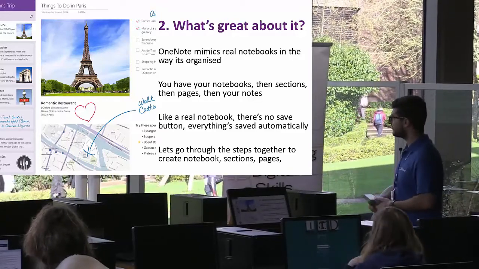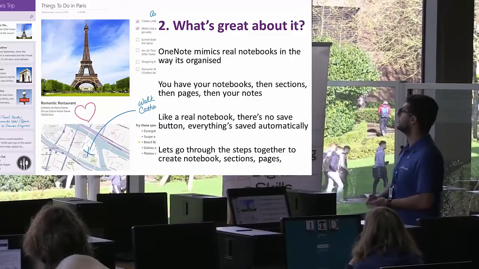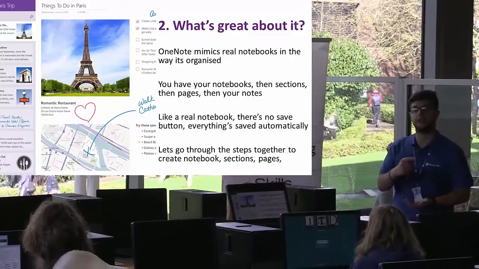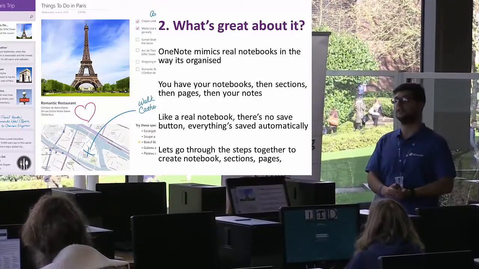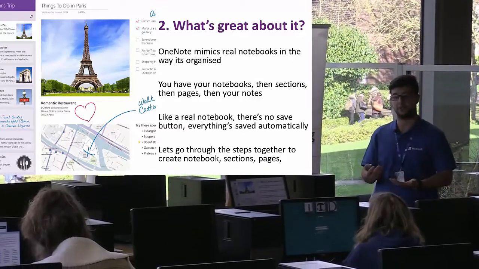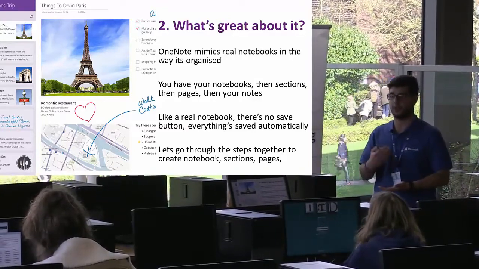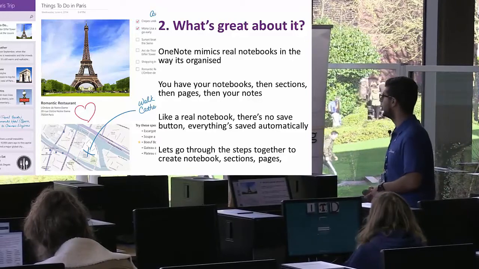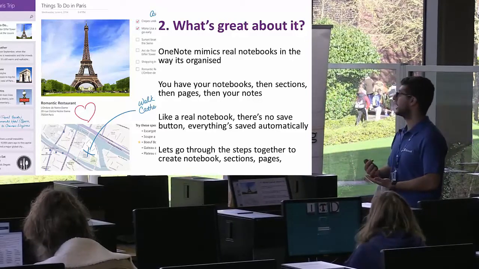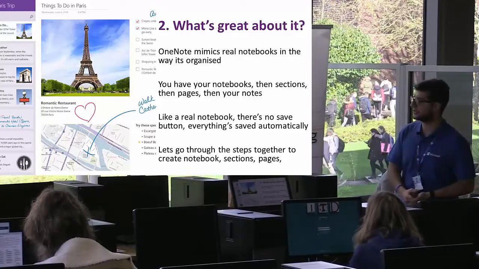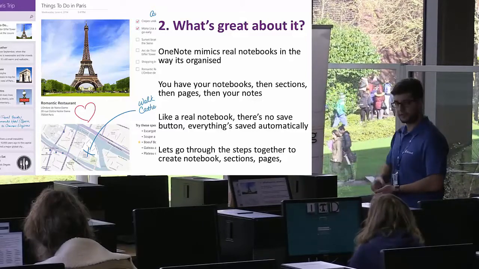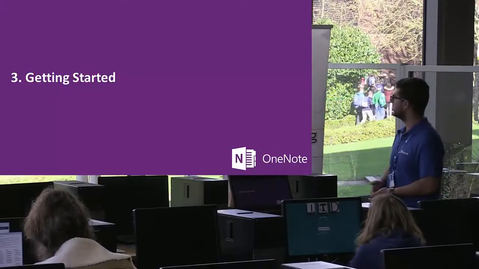And similar to a real notebook, you don't actually have to save your OneNote. OneNote saves all your notes automatically, so you don't have to worry about saving it. To really show you the benefit, and to convince you why you should use OneNote, I'll give you an example tutorial right now of how to use it.